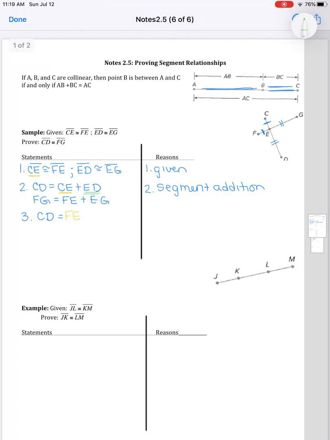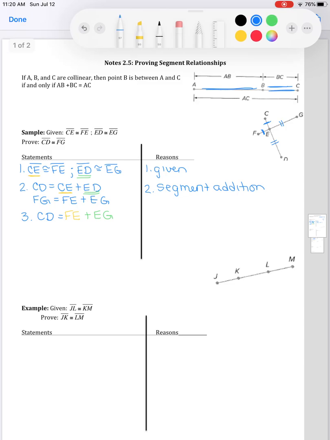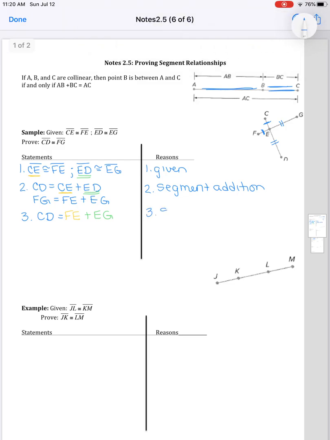So instead of writing CE, I'm going to write FE. For the other one, ED, where else do I see that? Well, I see that right here. And what else is ED equal to? Well, it's equal to EG. So I'm going to replace them with what they are equal to. Anytime you are replacing, what is that called? That is your substitution property.